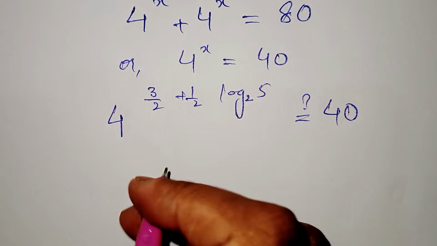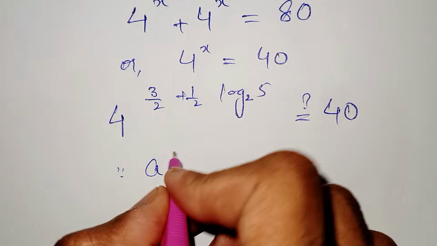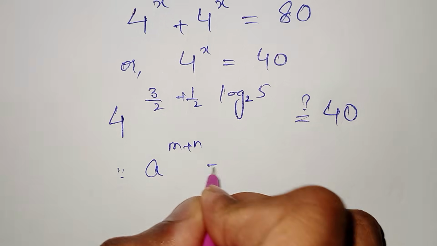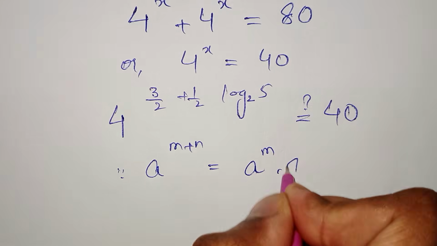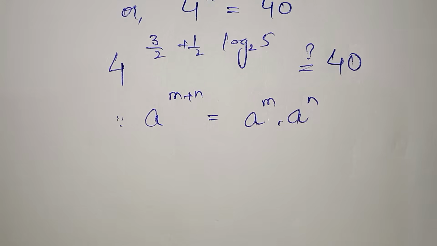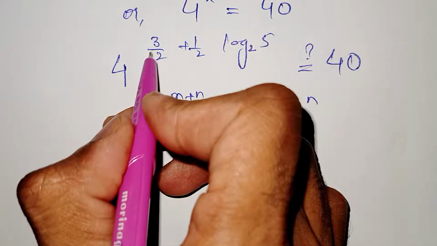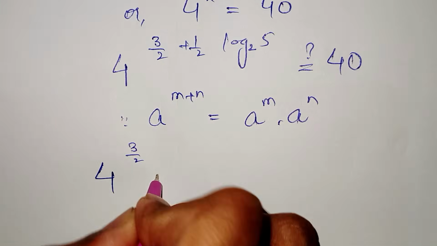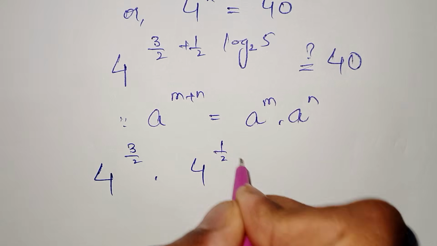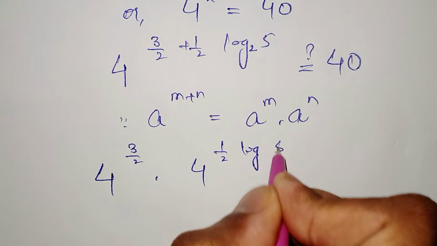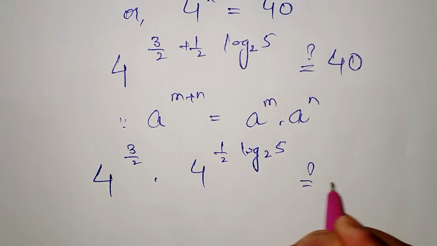We can write this using a power (m plus n) is always equal to a power m times a power n. It will be 4 power 3 by 2 times 4 power (1 by 2 log of 5 with base 2) equals 40.